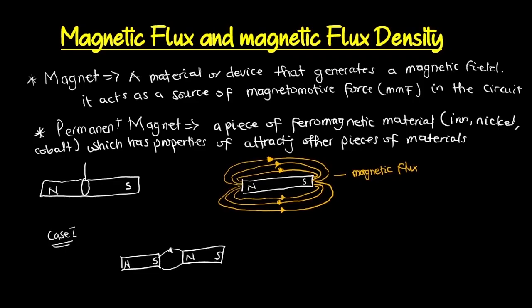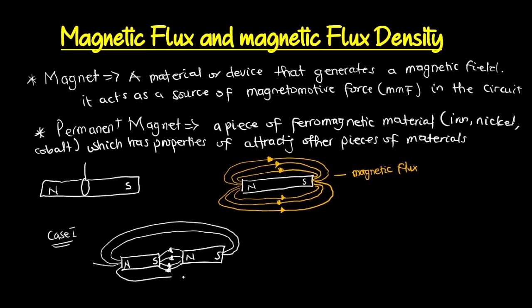Okay, this will also move like this, north to south, north to south, and then north to south. Then for this north over here, it will move all this way and then be attracted to the south over here, in this direction.